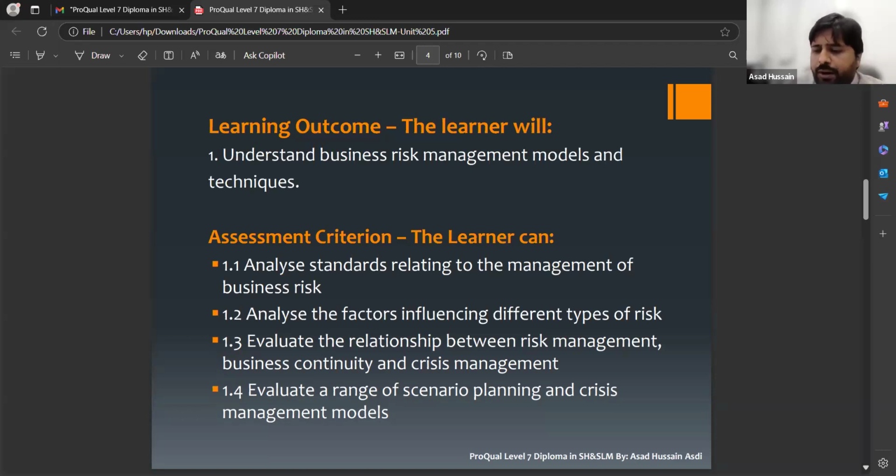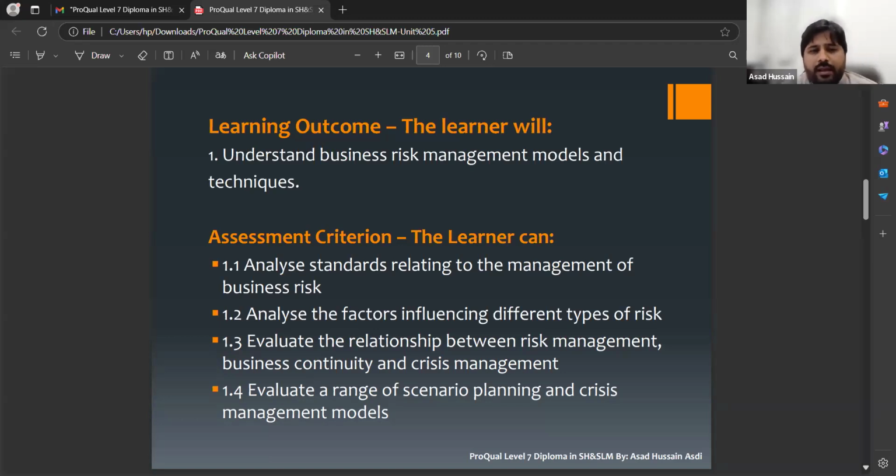So moving to 1.4, evaluate a range of scenario planning and crisis management models. I have told you about crisis management models, that they work on preparing, preventing, coping, and recovery from the crisis situation of the organization.